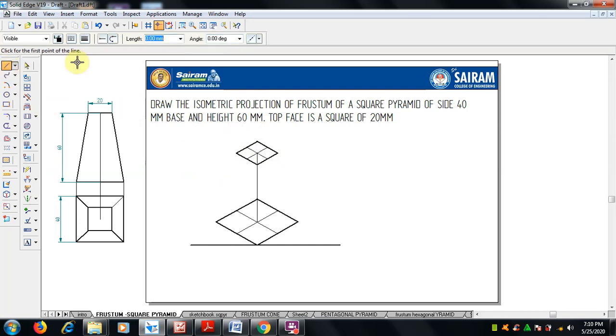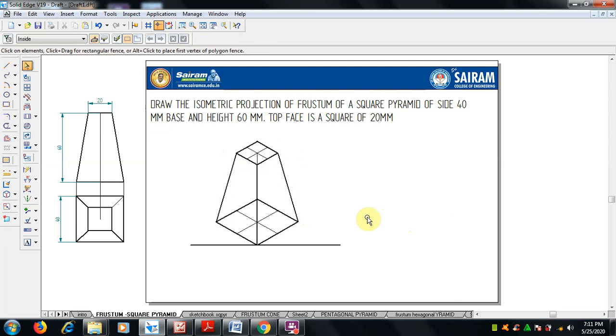And now we can join with the help of the endpoint, this end, and here to this end of this, end of this, right? This is over. This is the frustum of the square pyramid.